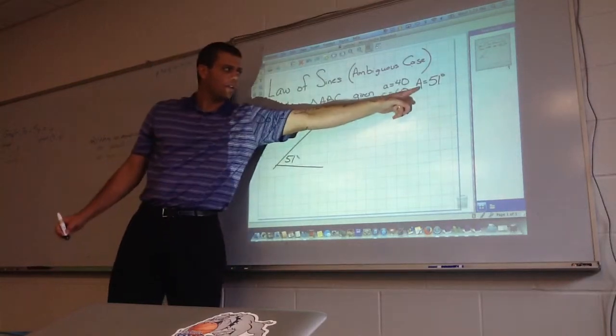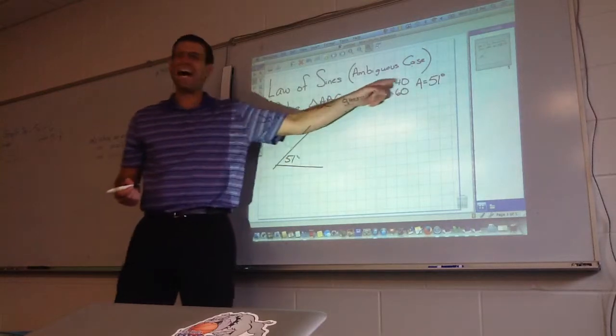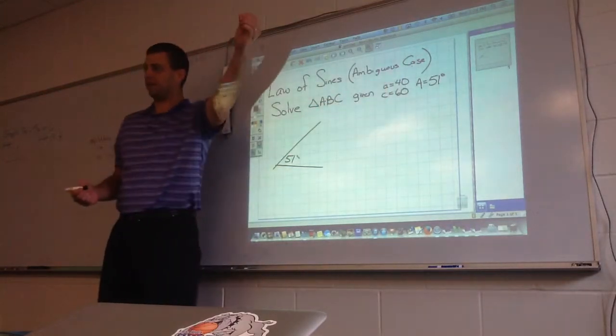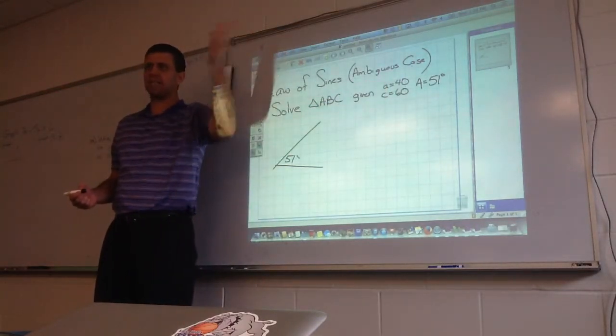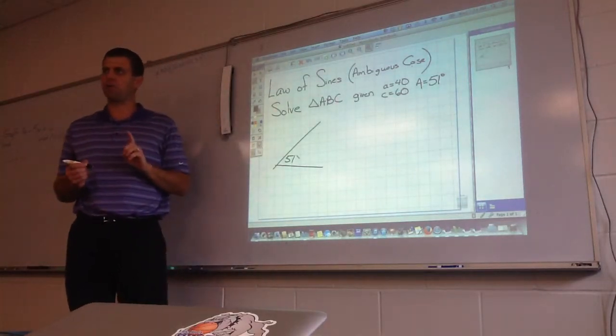Then, notice the angle that was given was angle A. Side A would be opposite that angle, right? Side A is opposite angle A. Don't draw that one in quite yet. Okay, don't draw that third side of the triangle.